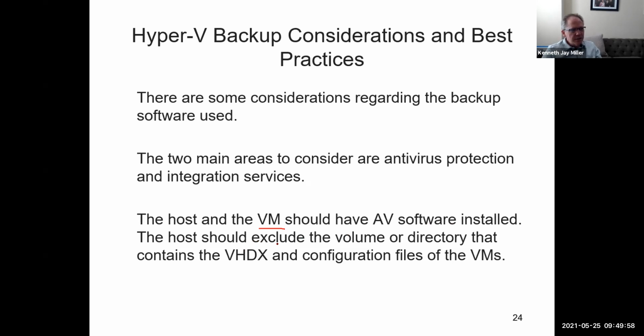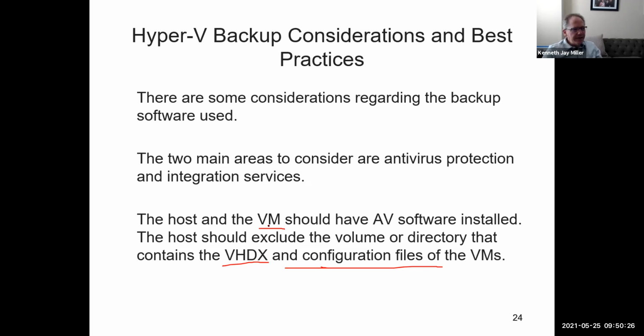The host should exclude the volume or directory that contains the VHDX and the configuration files. So if I were to do a virus scan, which Windows Defender will do automatically, I should exclude the location where my VHDX and configuration files are stored.